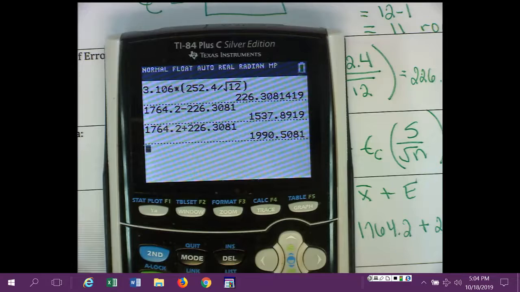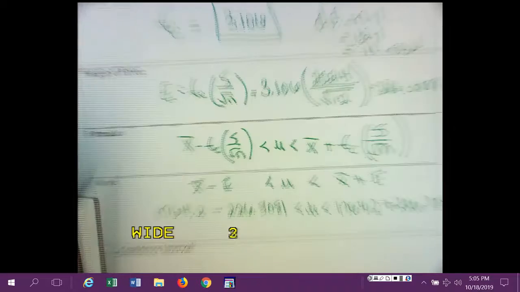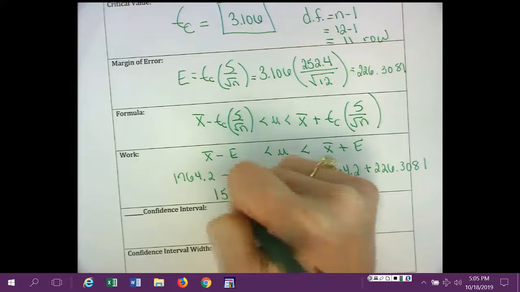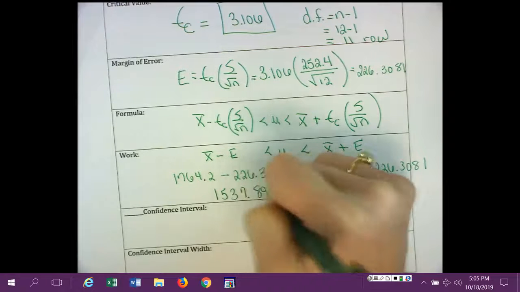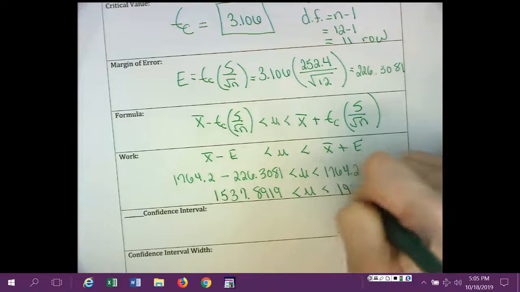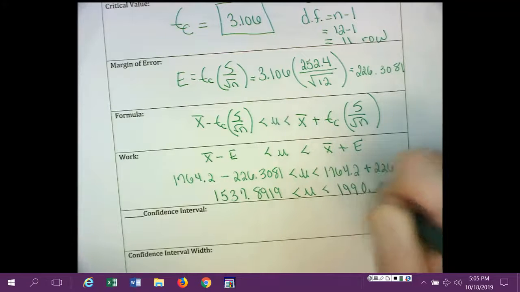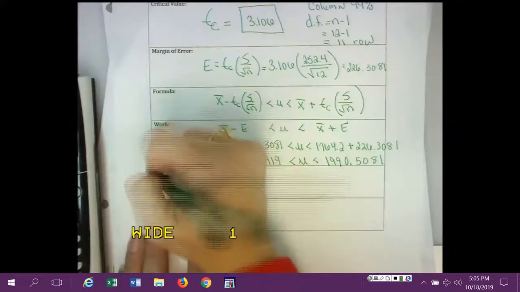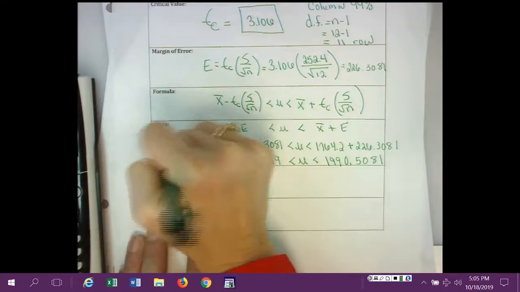But I want to write down exactly what the calculator gives me. So here in this spot, you should write 1537.8919. And in this spot, you should write 1990.5081. In this box, I'm going to put 99% confidence interval.